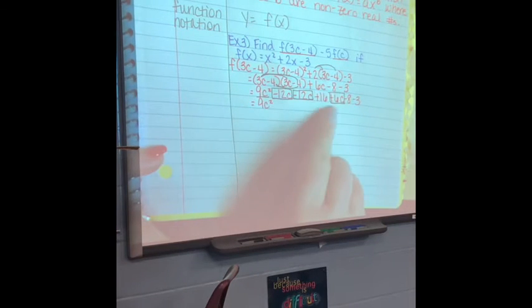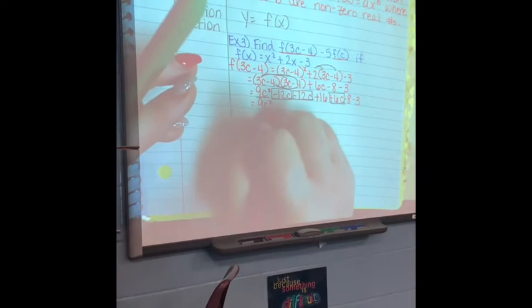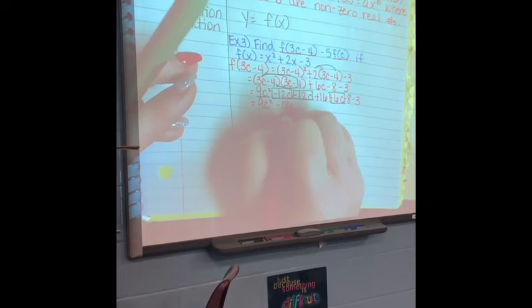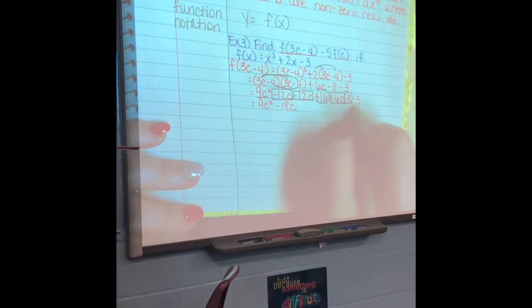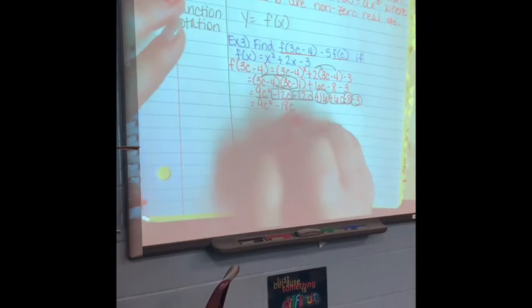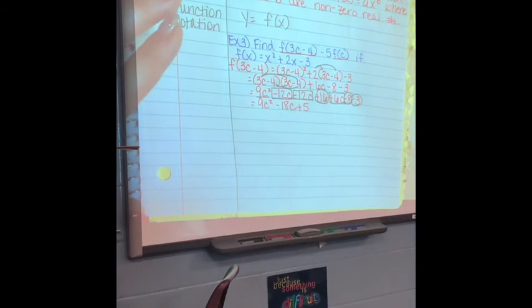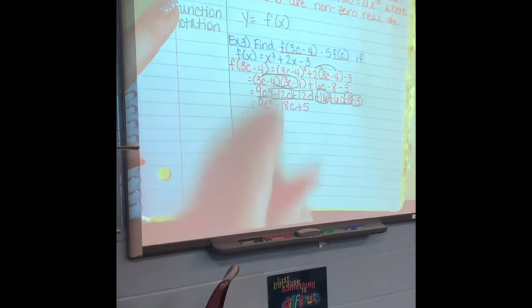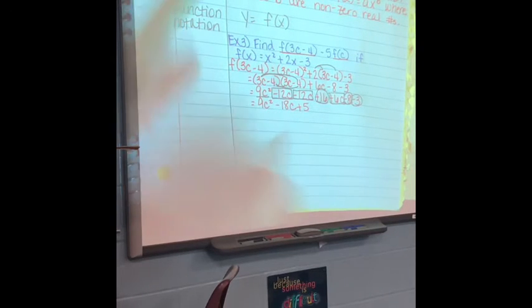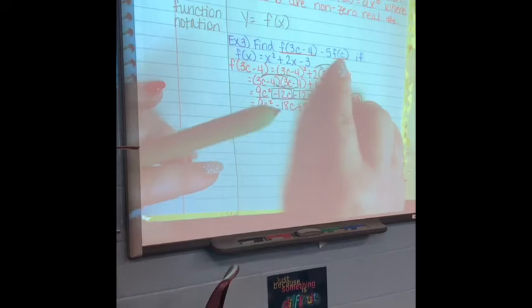So negative 24c plus 6c is negative 18c. And then lastly, I have 16 minus 8 is 8. Minus 3 more is 5. All right, so this piece right here is now equivalent to this piece right here. Does everybody agree?